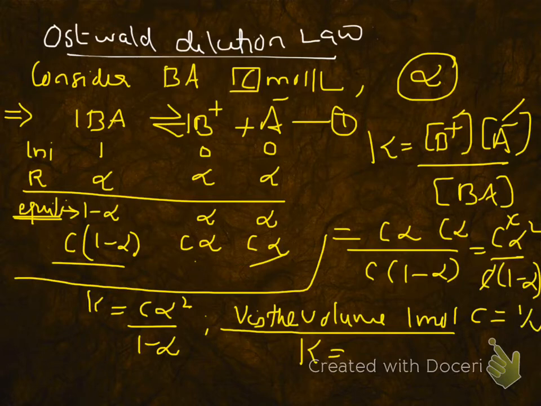Here the number of moles is 1 mole. So concentration is 1 by V. Instead of this C, we can write K as alpha square divided by 1 by V into 1 minus alpha.